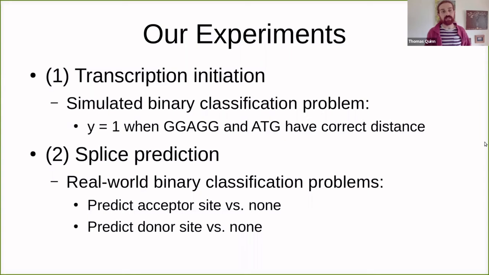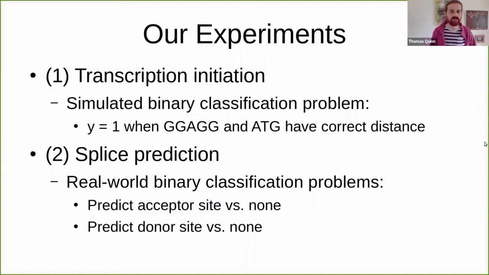The way that it's defined is that y equals 1 when the Shine-Dalgarno sequence and the start sequence are both present and have the correct distance. And there are many examples where either one is present or both are present with the wrong distance, and the neural network needs to be able to tease these apart.